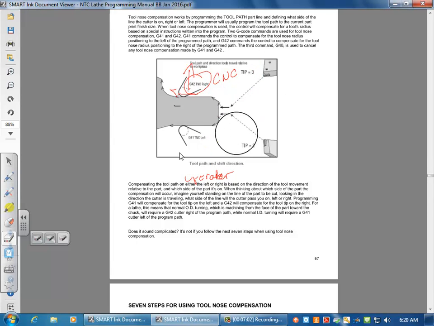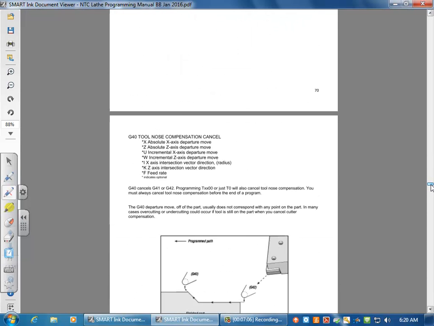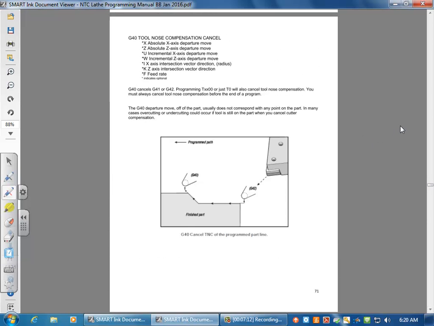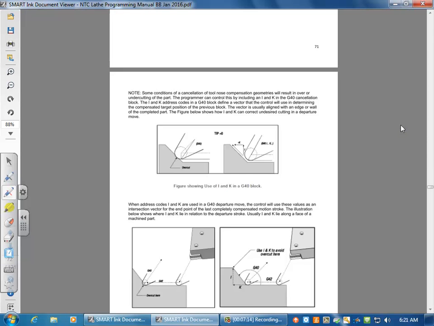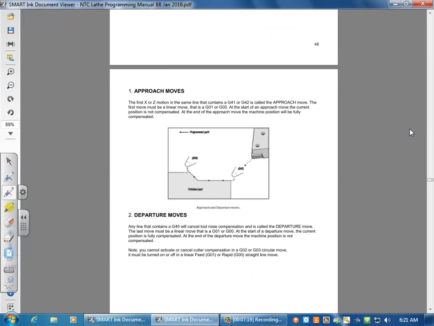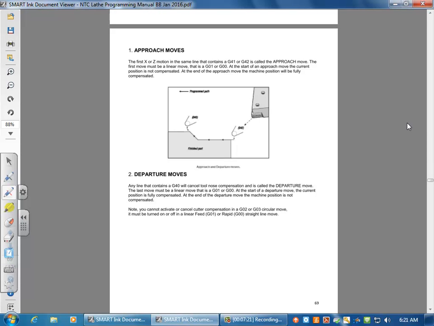So once you determine G41, G42, you have your approach moves. Now this is going to be done inside your canned cycle, your G71 and your G70.